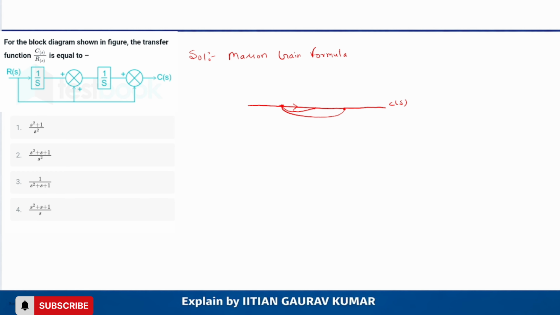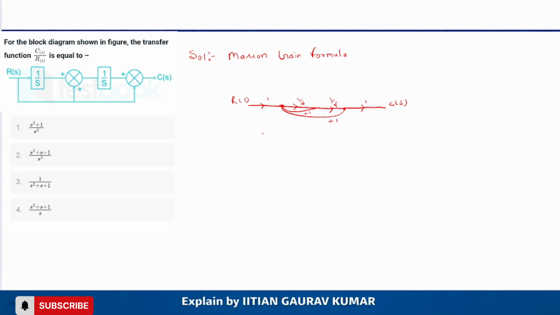Once again 1 by s is there, and here 1 is there, and here 1 by s is there. This is 1 and it is connected to positive, so we take positive 1.